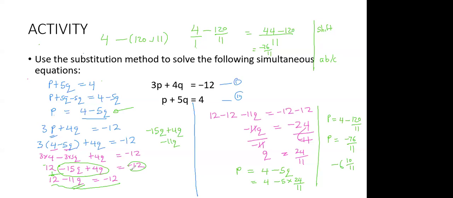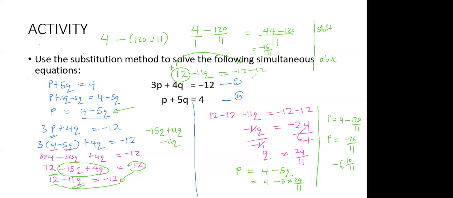But I wanted to know why you subtracted 12 and you didn't add. Oh, because I have 12 minus 11q is equal to -12. This 12 here is positive, and whenever it is crossing an equal sign, the sign changes. So it becomes -12.